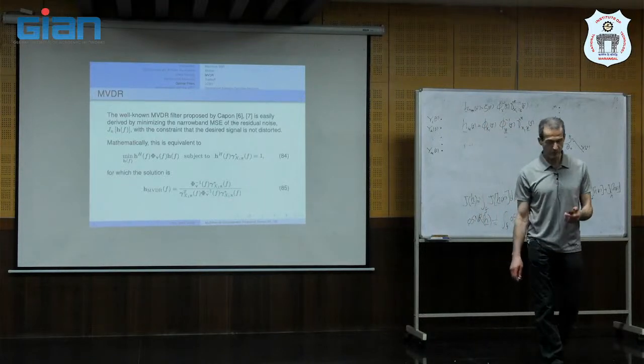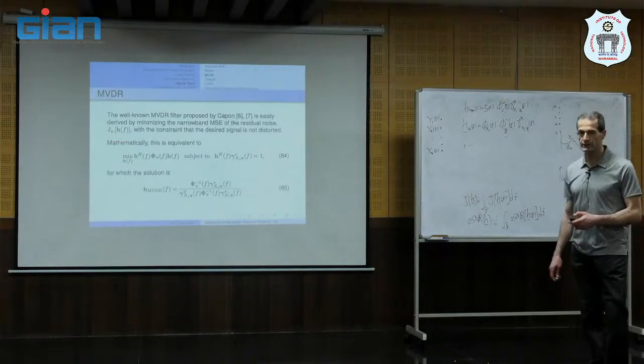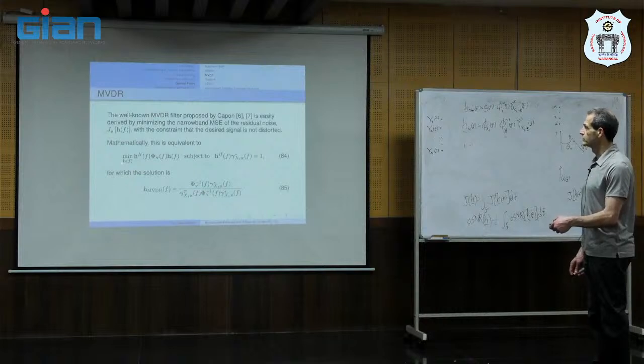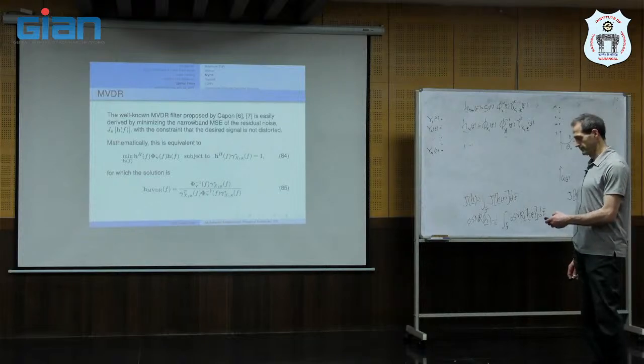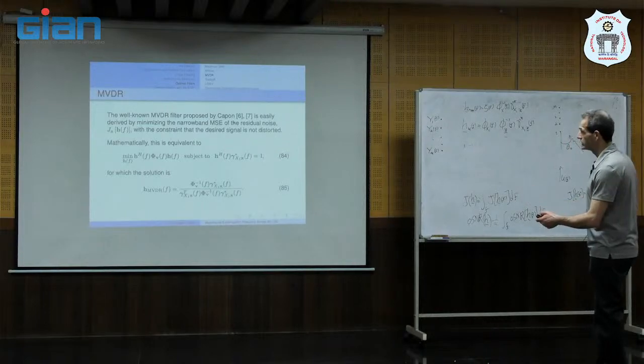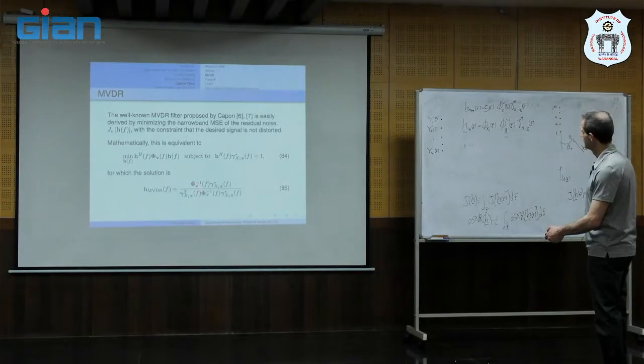Straightforward. Anybody who didn't do that, please repeat, derive that. So the solution to this problem using a Lagrange multiplier, it's straightforward to see that this is the solution. So this is the MVDR, which is also nice to see.